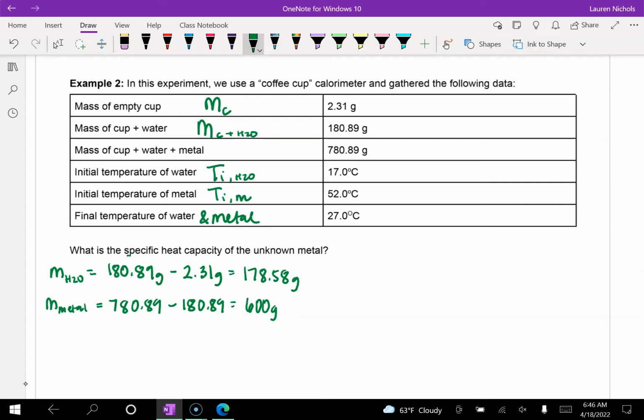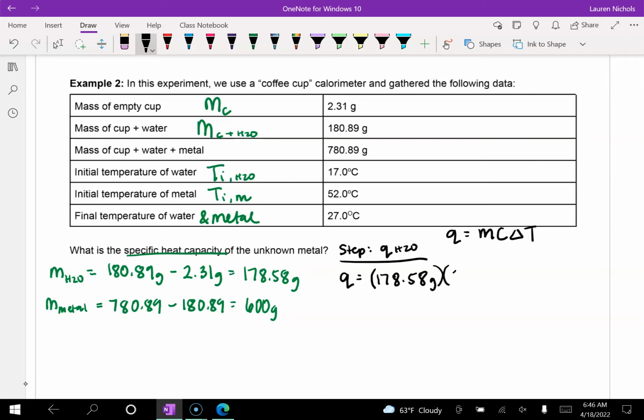So if they want to know the specific heat capacity of our unknown metal, remember step number 1 is we need to find Q for water, the heat of water. So Q equals MC delta T. The mass of our water was 178.58 grams.